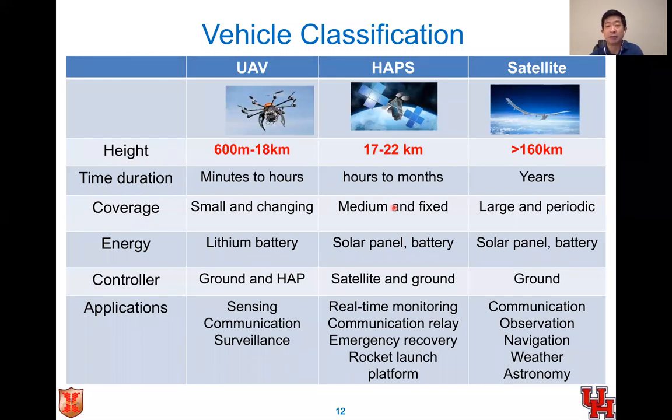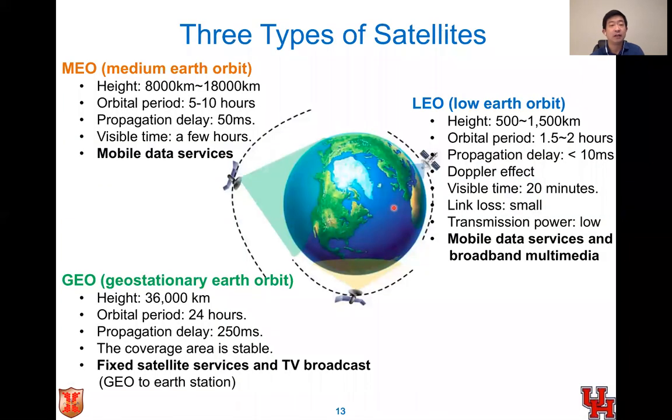The satellite is above 100 miles, it can be there for years, and it is large and periodic. They use solar power, they have to be controlled by the ground, and they are used for communication, relay, weather, and so on. For satellites, there are three types.